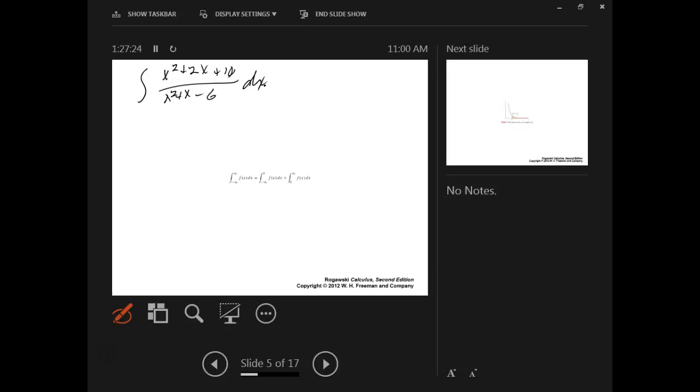Okay, you certainly can factor the bottom. And what that factor is? X plus 3 times x minus 2. Certainly that is going to be helpful and useful later. Okay? Anything else?